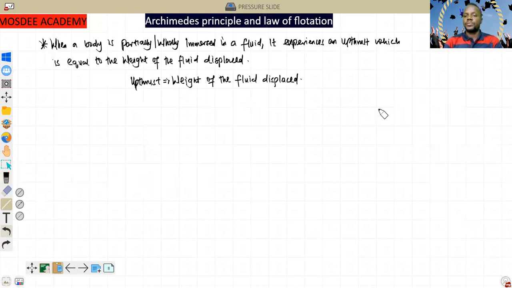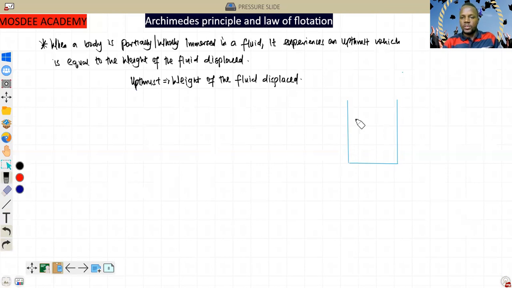Let's consider a bucket, trying to draw out a simple bucket. Let's consider a bucket that is filled with a liquid to a certain level.